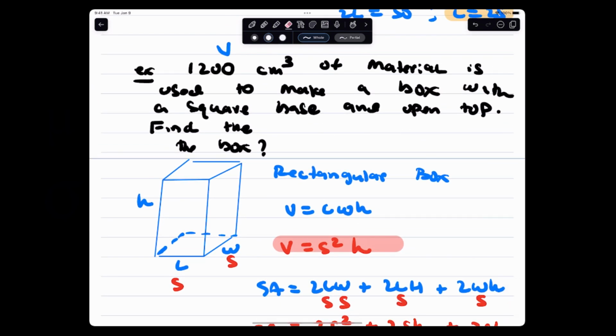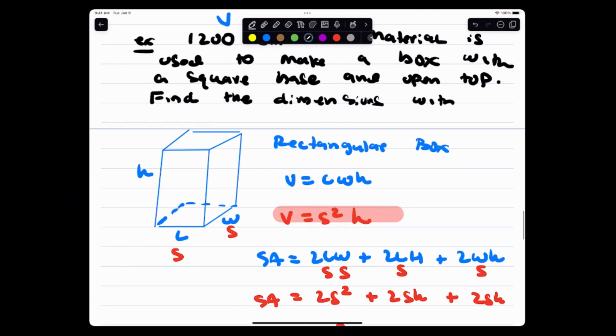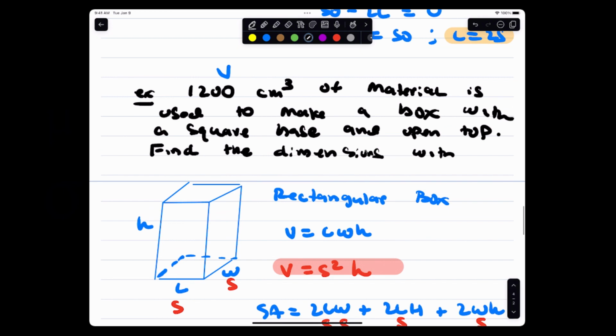Find the dimensions with the maximum surface area. That might be the real question. It's kind of a weird question.